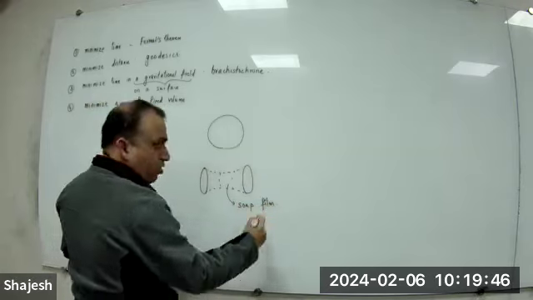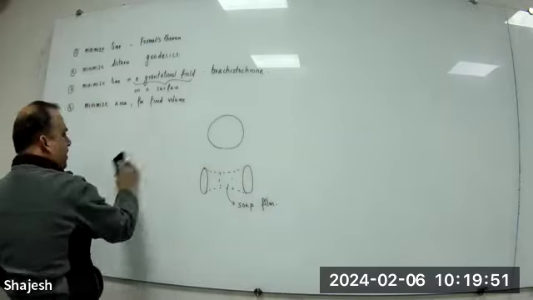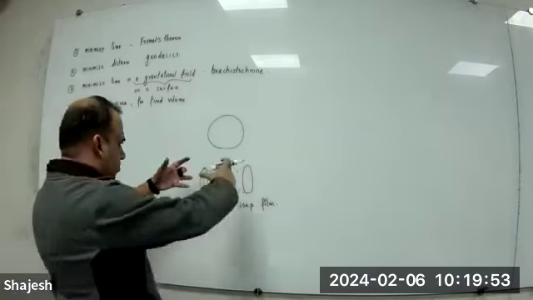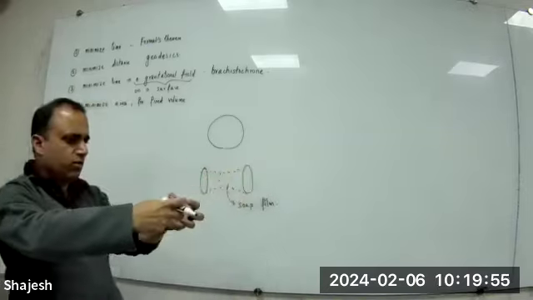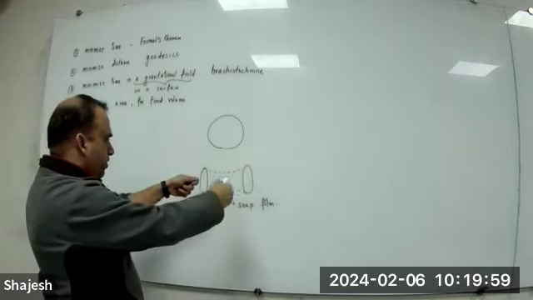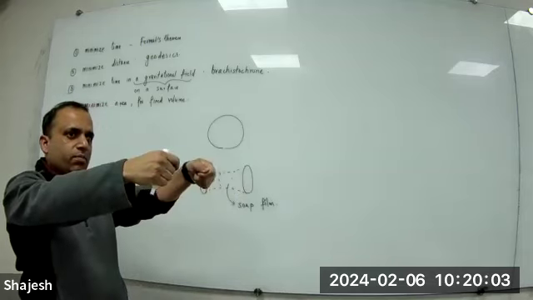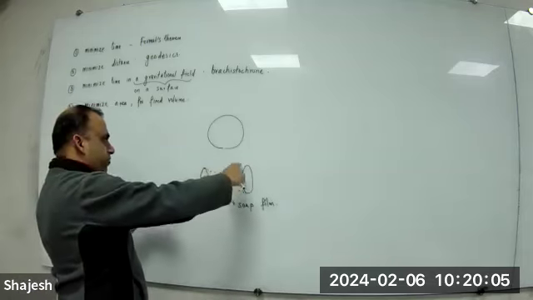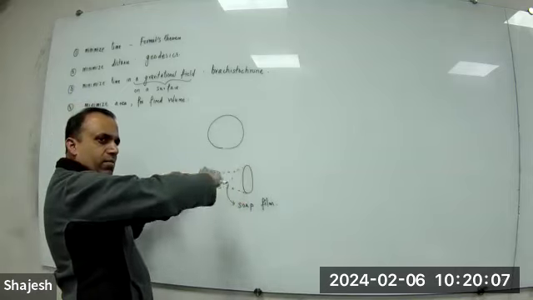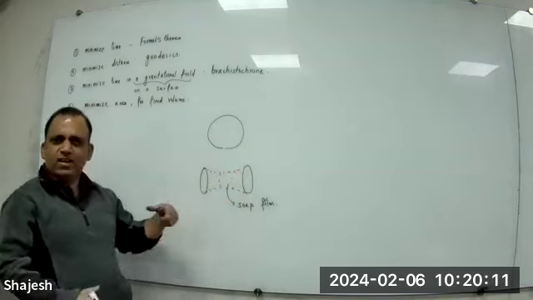I started with a rectangle, then I changed my mind. I can make it two circular rings and dip both of them in a soap solution, pick it up, and there will be a film formed like this. What is the shape of this? Is that clear what I mean?